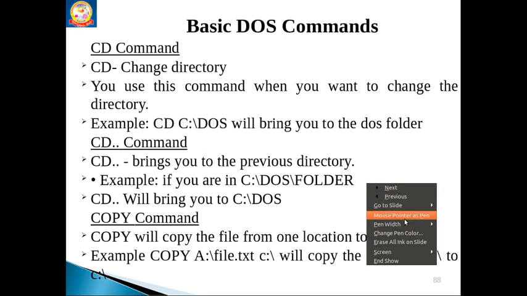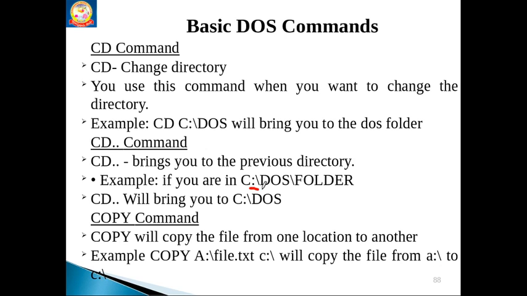See here, this is your current directory. If you want to go to the DOS directory, type cd dot dot and it will bring you to c:\dos. Previously you were in the folder within DOS, and now you are at DOS.